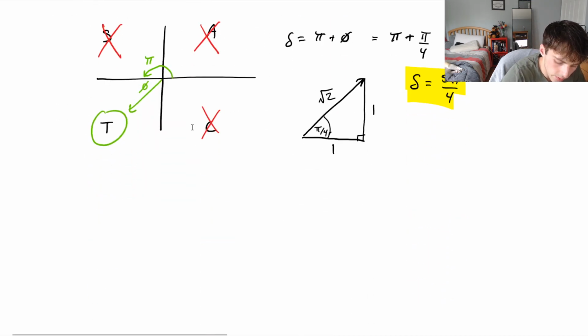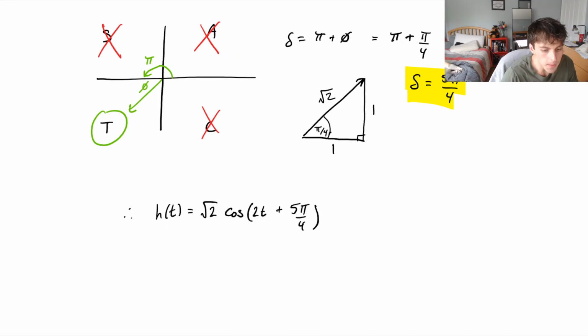We can say, therefore, h of t would be square root of 2 times cosine of 2t plus 5 pi over 4. And that should load in a second. And there you have it. That's all there is to this question. Very similar to a single sine function.